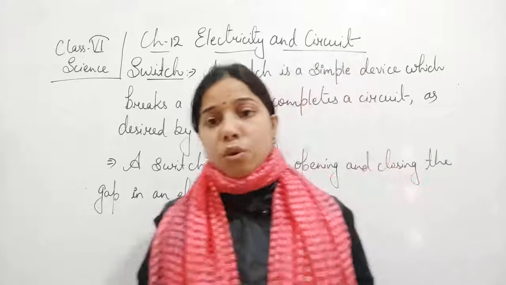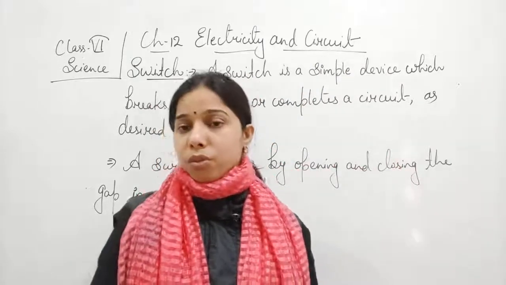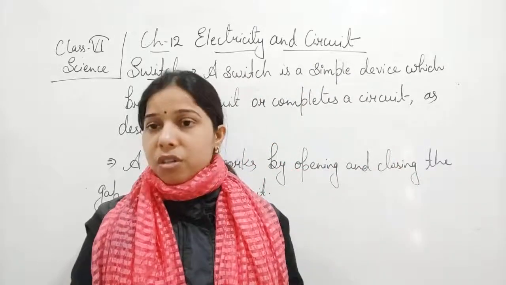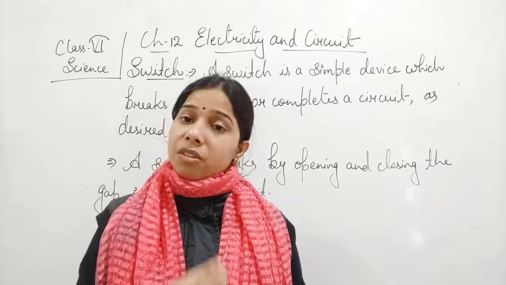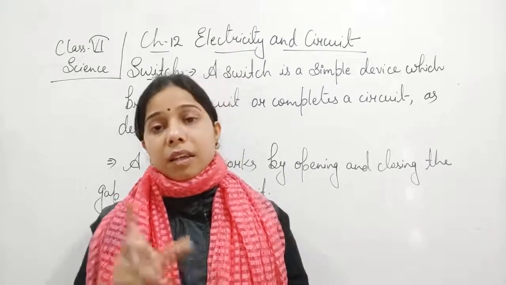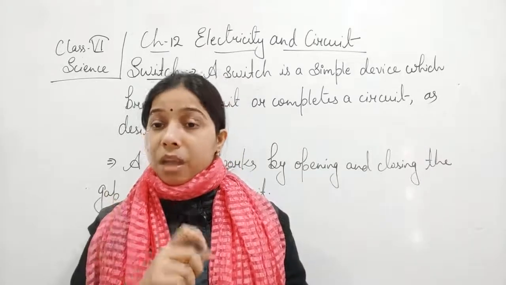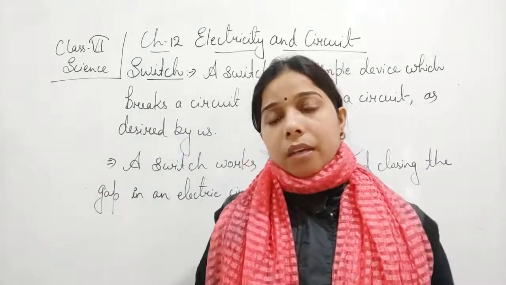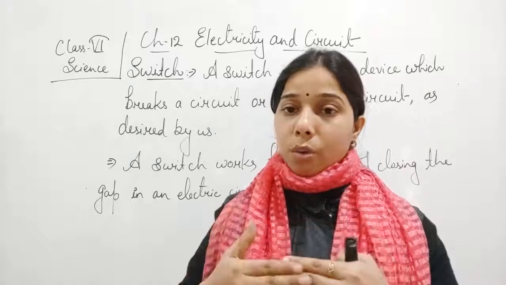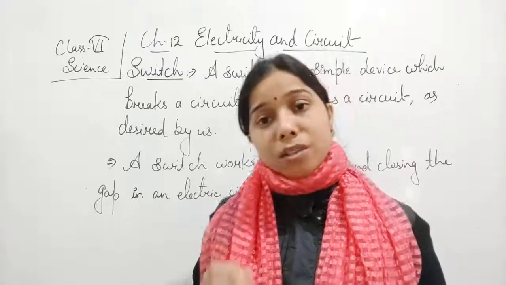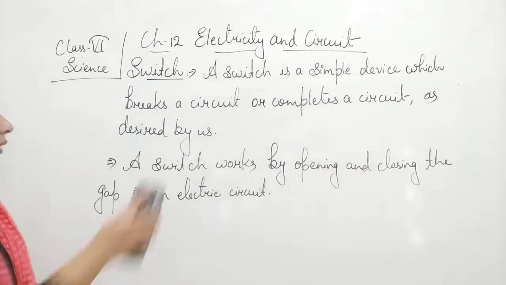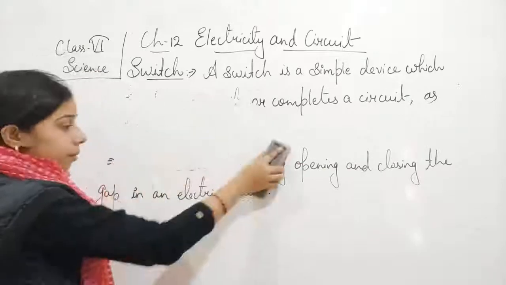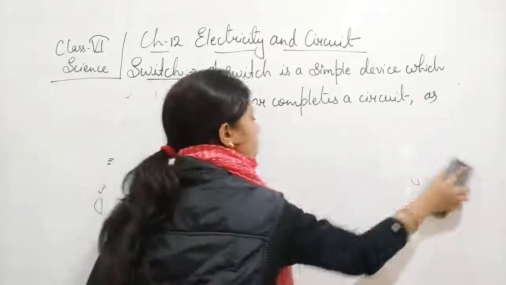So when the switch is in the off position, there is a formation of a gap. And when a switch is turned on, the circuit is closed, due to which the bulb starts glowing.